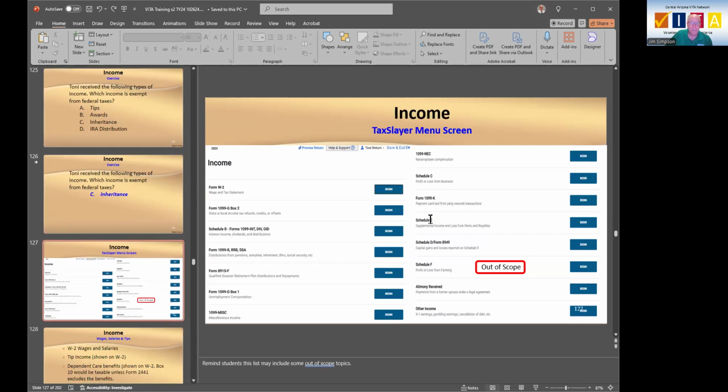Okay. So here is the income screen in TaxSlayer. These are the types of things that we're going to go over for the rest of this session. Form W-2 is the most common one right there. That's where you would start entering Form W-2. We're going to learn about 1099-Gs.